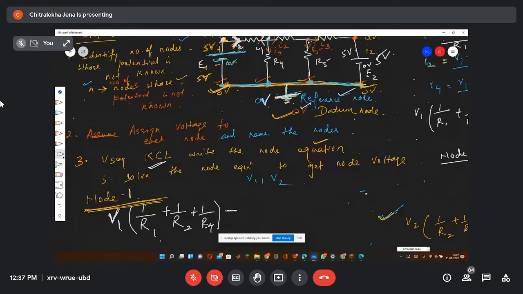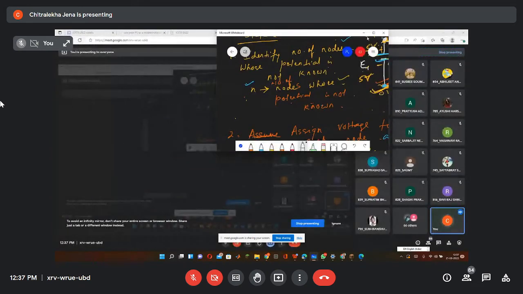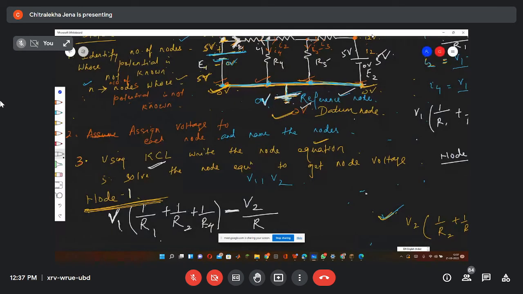What is the adjacent node? V2. Minus the ratio of the potential of the adjacent node to the interconnecting resistance. What is the interconnecting resistance between V1 and V2? R2.